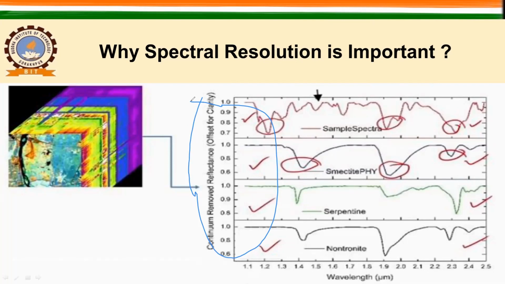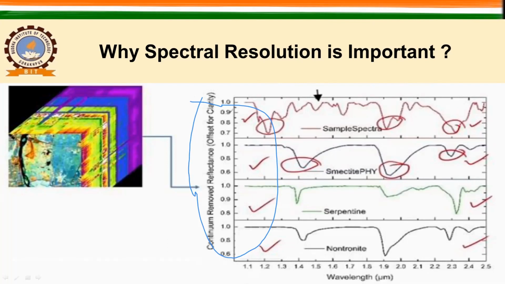So why is spectral resolution very important? Because when you have more values for a given area across the wavelength, you will have this kind of information. You can see from here to here, right?